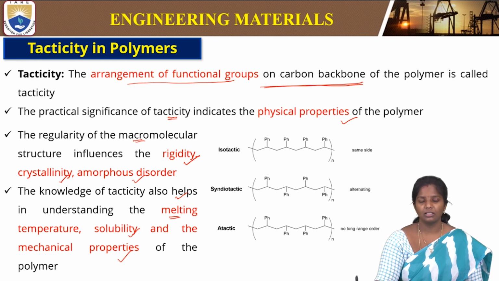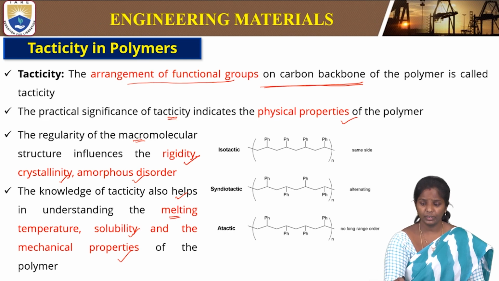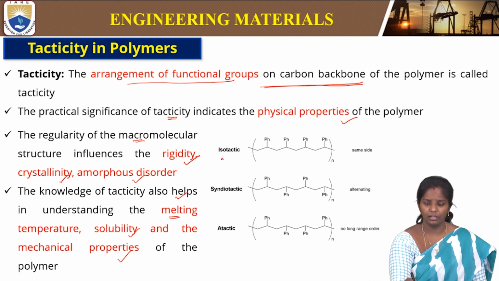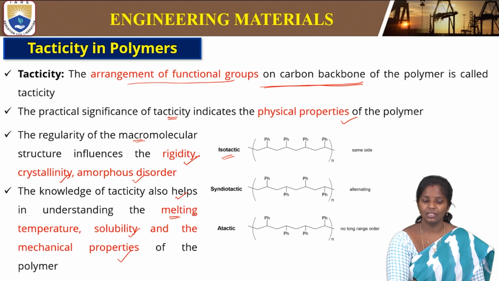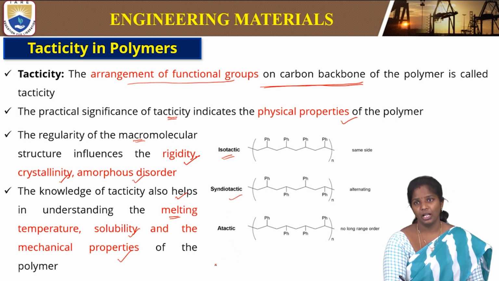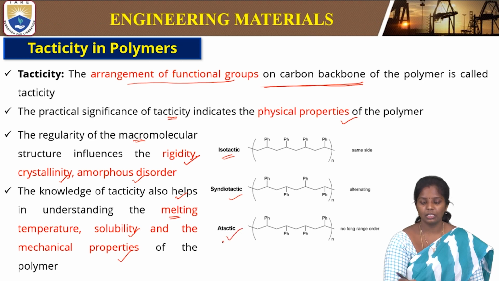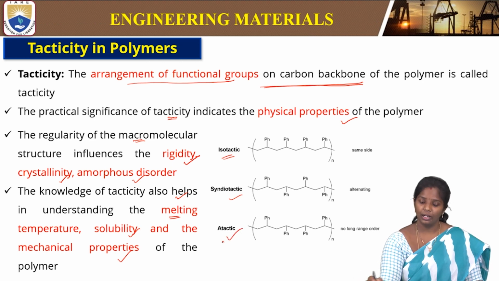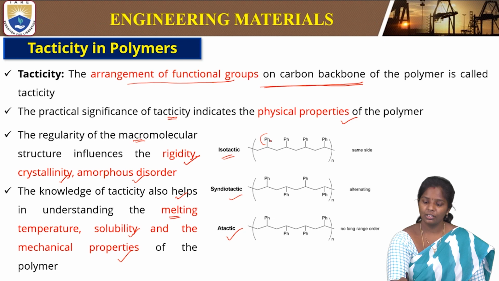So this tacticity also plays an important role. Depending on the arrangement, there are again three types: isotactic polymers, syndiotactic polymers, and atactic polymers. We will see in detail how these vary. If the functional groups are placed on the same side, then it is isotactic.